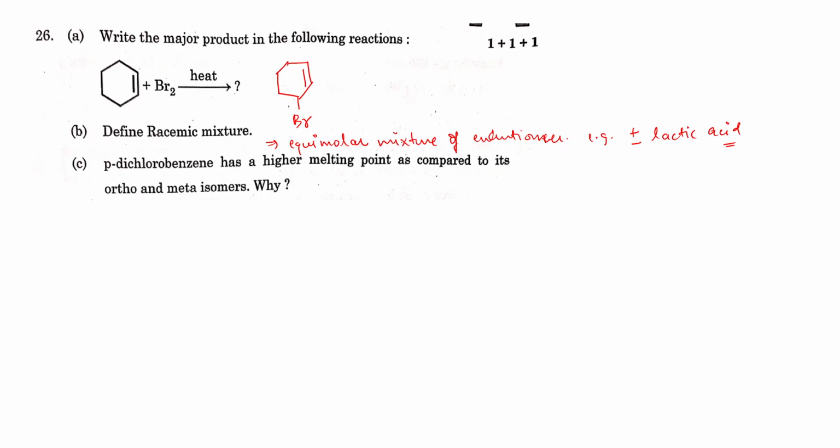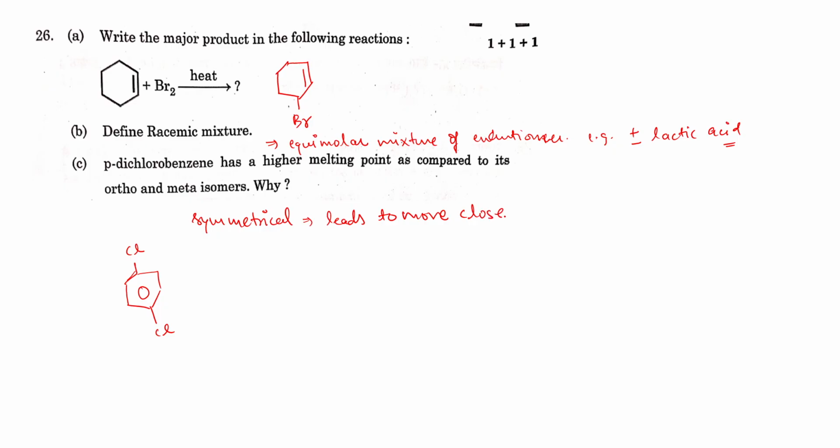Then, para-dichlorobenzene has a higher melting point as compared to its ortho and meta isomers. This is a very simple question because para is symmetrical. If I make the structure, this is called para, meaning 1,4 is para. Because of this symmetry, it leads to more close packing.